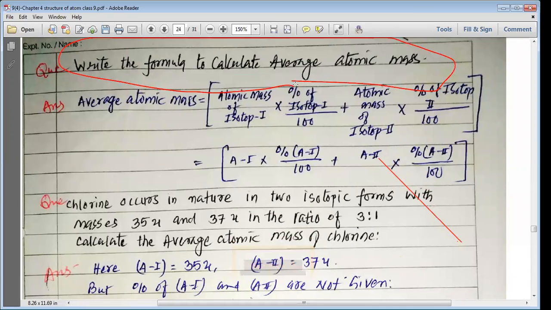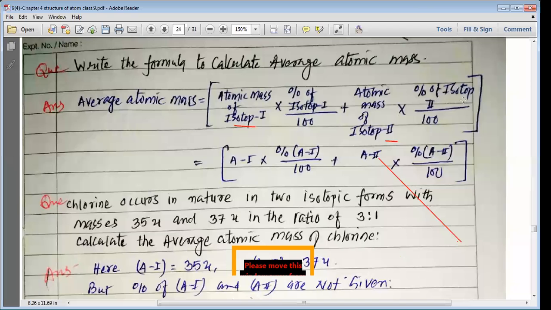Average atomic mass is equal to the atomic mass of isotope 1 multiplied by the percentage of isotope 1 divided by 100, plus atomic mass of isotope 2 multiplied by the percentage of isotope 2 divided by 100.